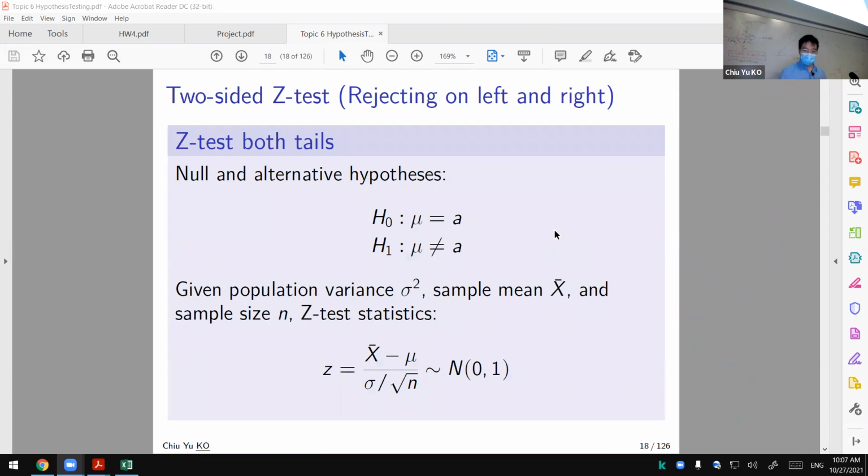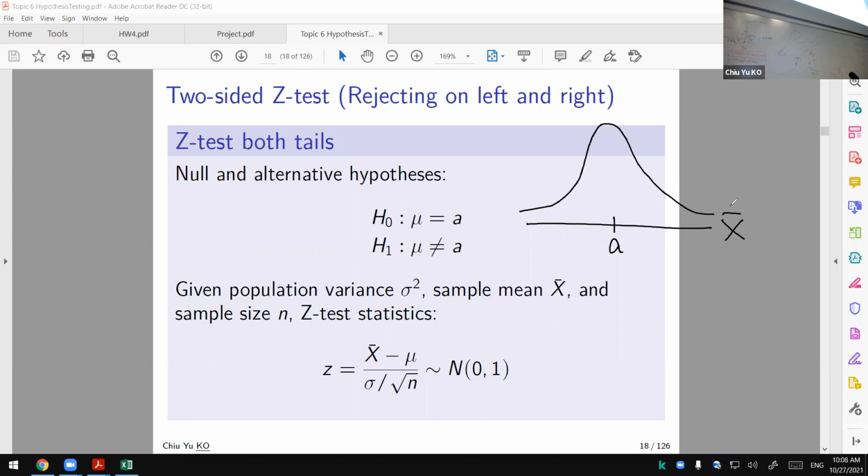Now there's a little bit of complication when you talk about two-tail. The reason is the following. X bar is here. You claim mu is in the middle, the null hypothesis, like a barrel. You will not be happy if it is too big or too small.